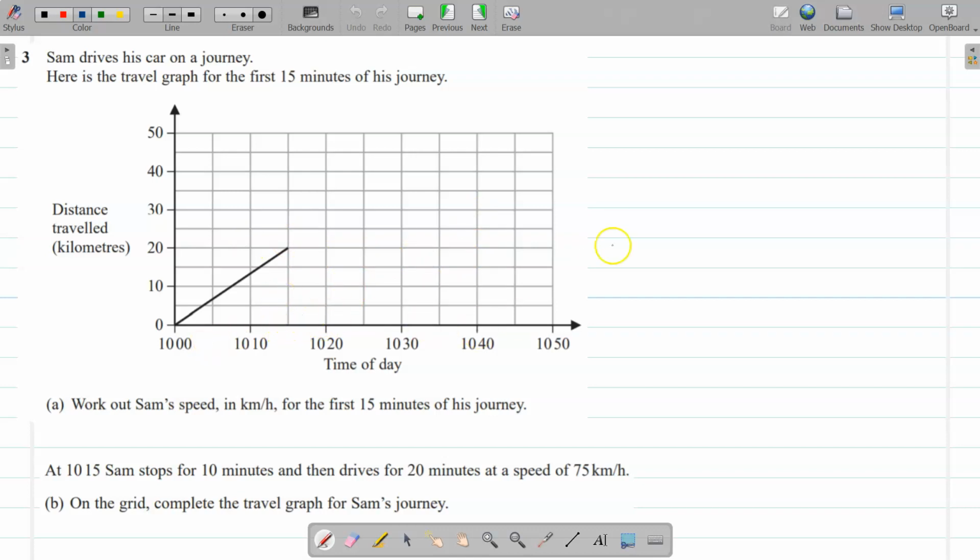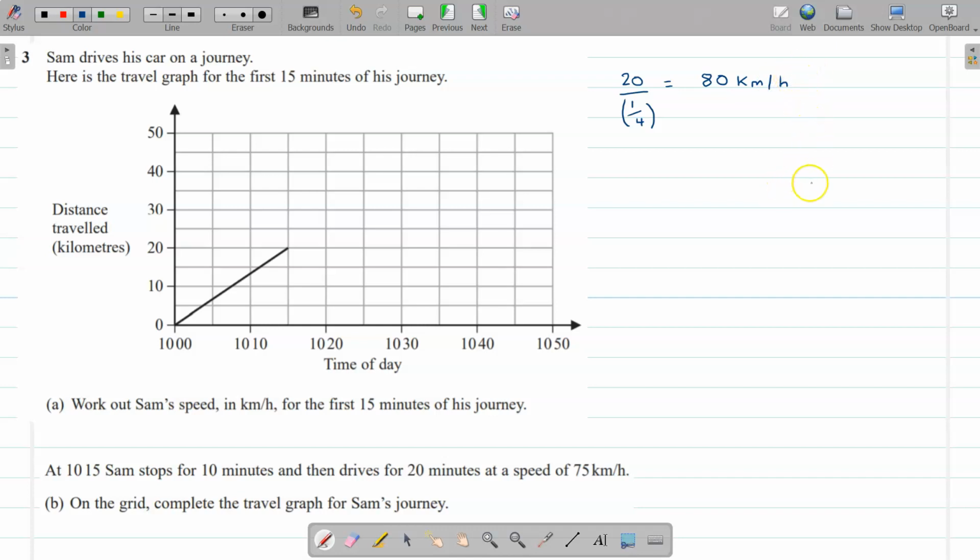That's a quarter of an hour. So the speed is the distance divided by the time taken, which is a quarter of an hour. Okay, so 20 divided by a quarter of an hour is 80 kilometers per hour.